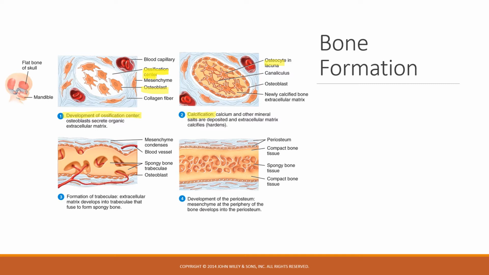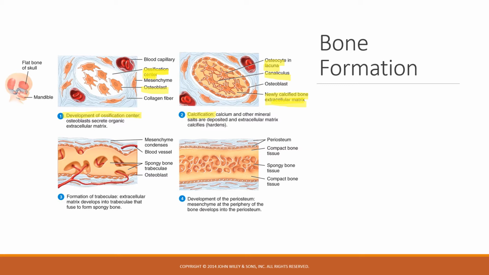These osteocytes lie in a lacuna and extend their narrow cytoplasmic processes into the canaliculi, and these radiate in all directions. Calcium and other mineral salts are deposited within a few days, and the extracellular matrix hardens.